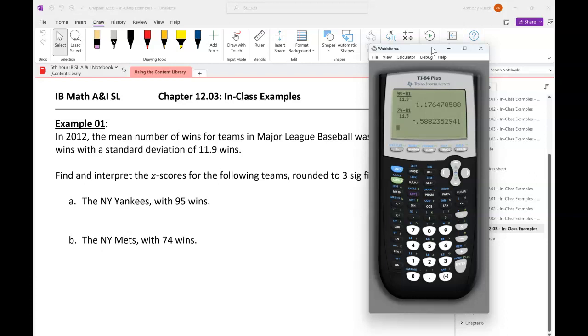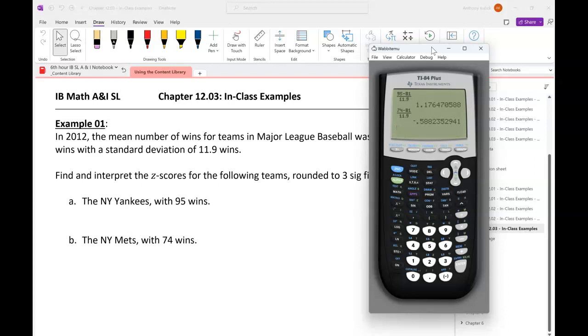What a z-score would be really effective in doing is, say you wanted to compare how successful one team was in 2012 with how successful they were in 2013. You could take their wins and the means and standard deviations for each of those two seasons, convert them to z-scores, and then compare the z-scores. The bigger z-score would indicate you were more successful relative to how difficult the league was in that season.